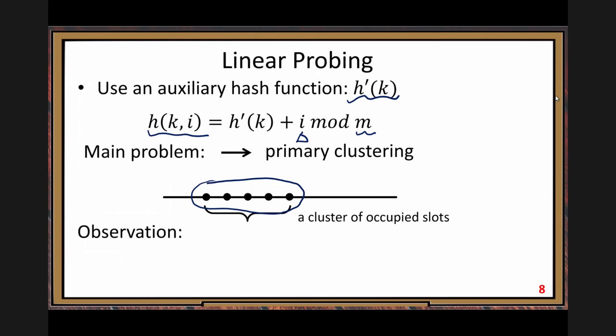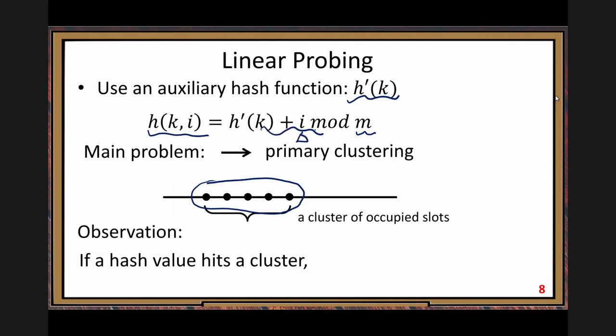When this happens, if a hash value hits a cluster, it needs to go through. It takes many steps to pass the cluster, because every time you look at the next adjacent location.